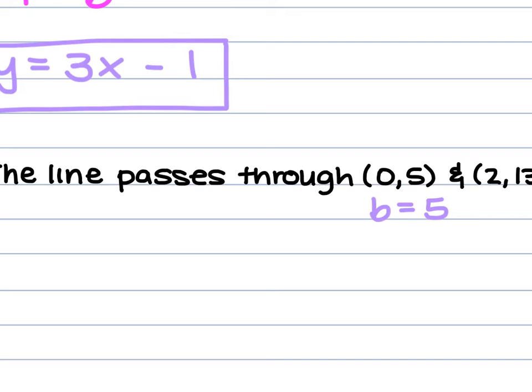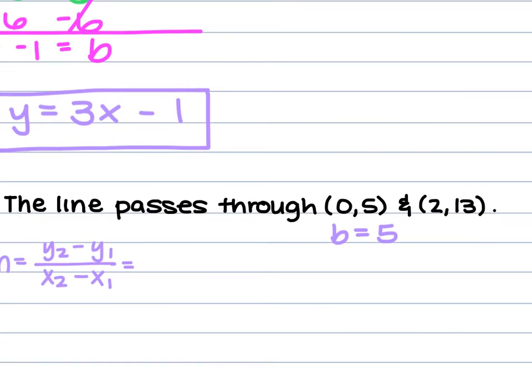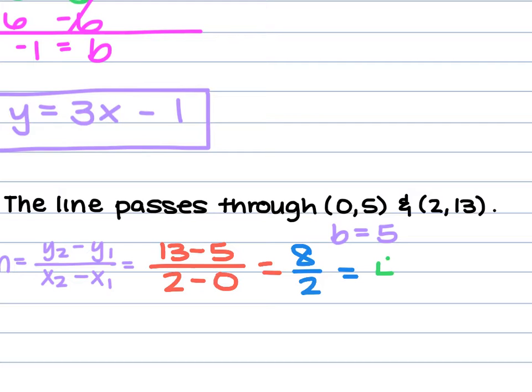So again, we're going to use our slope formula. Remember, our slope formula is that y2 minus y1 over x2 minus x1. Plug those values in. y2, we can use 13 minus y1, which is 5, over 2 minus 0. 13 minus 5 gives us 8, and 2 minus 0 is 2. 8 over 2 simplifies to be 4.